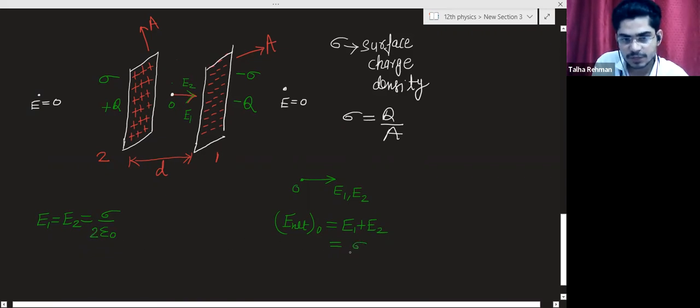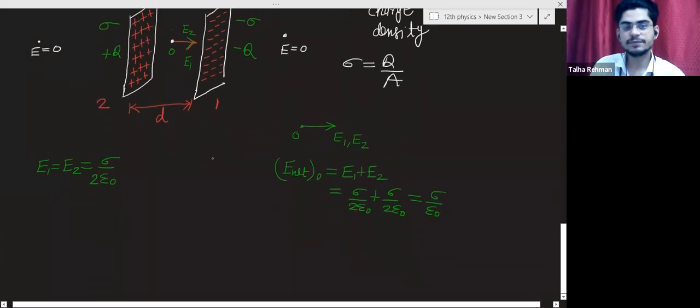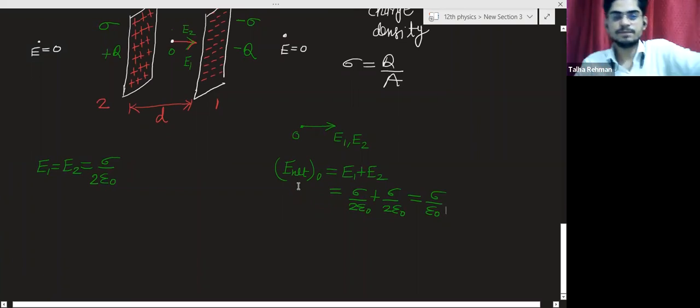So this will be sigma by 2 epsilon naught plus sigma by 2 epsilon naught, and E net will become sigma by epsilon naught. Net electric field at point O becomes sigma by epsilon naught.